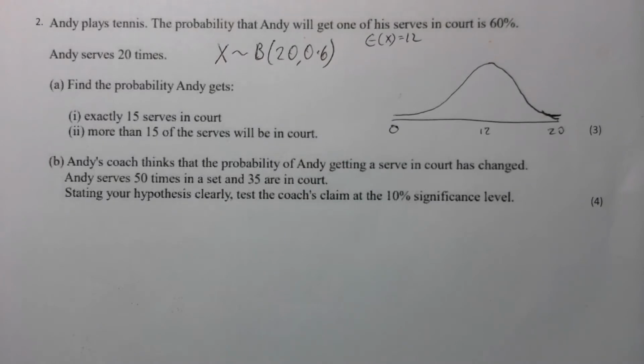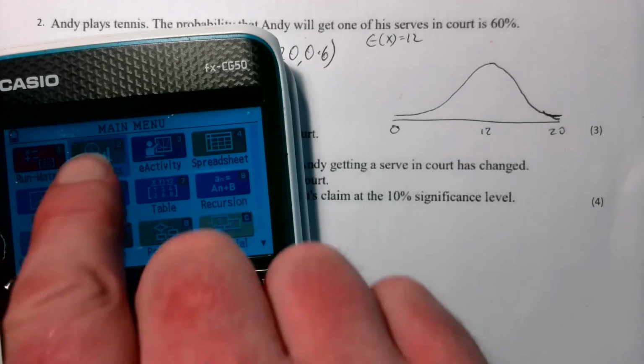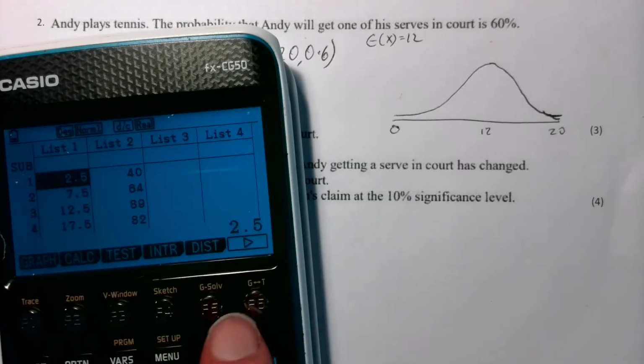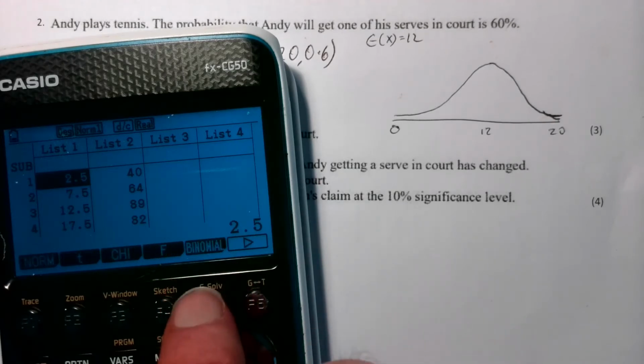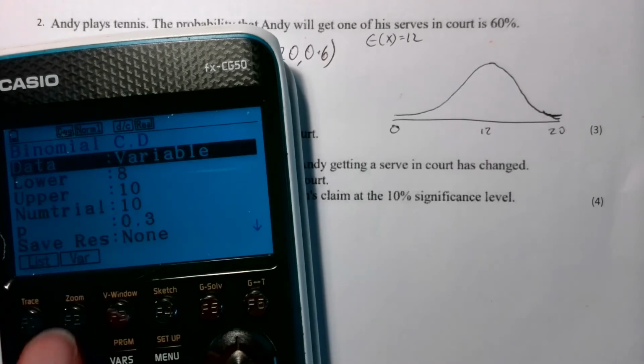So we're going to go to the calculator, and to get where we need to go, it's a statistics thing, so we hit 2 for statistics. Then we want binomial distribution, so you hit distribution, then binomial, and then you want the cumulative one, which is BCD.